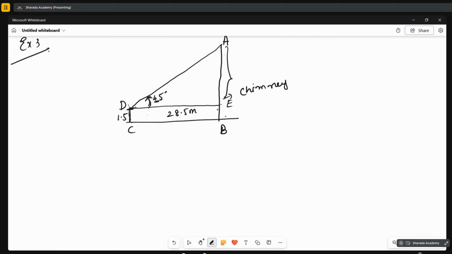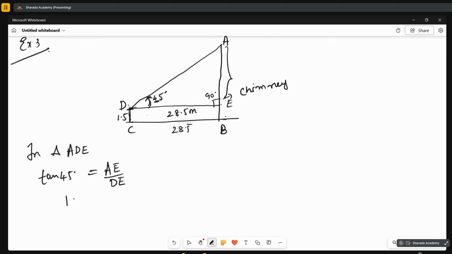This also 28.5. Now we will consider the triangle. In triangle ADE, this is 90 degree. Tan 45 degree is equal to AE by DE.